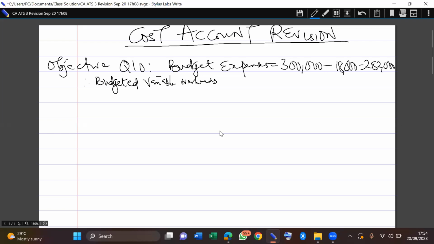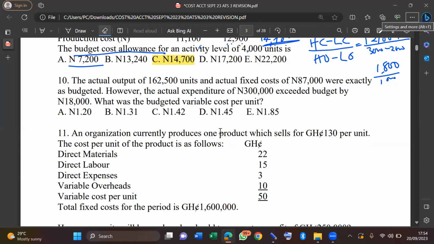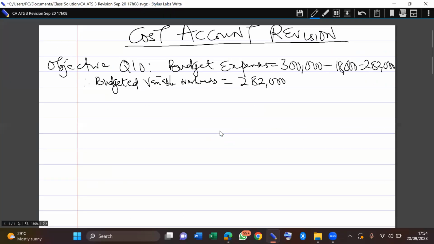If this is our actual budget expenditure, then our budgeted variable will now be 282 minus your fixed cost.